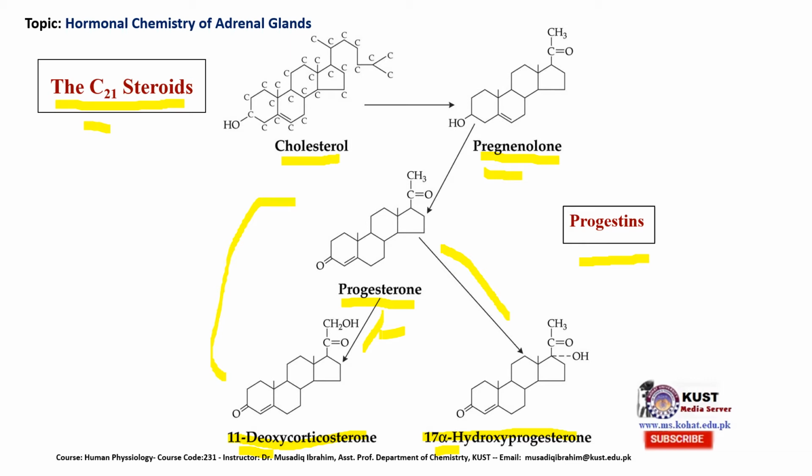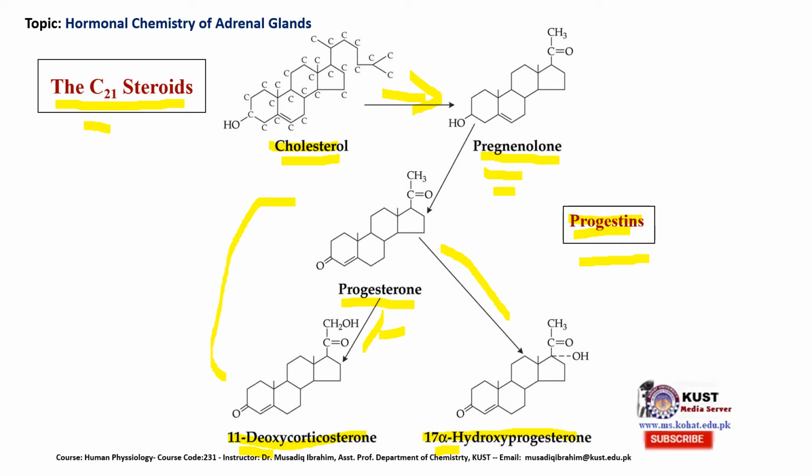So the cholesterol structure, which is composed of 27 carbon atoms, has been modified or derived into the structures of progestins, which are composed of 21 carbon atoms. So all the progestins are steroidal hormones composed of 21 carbon atoms.